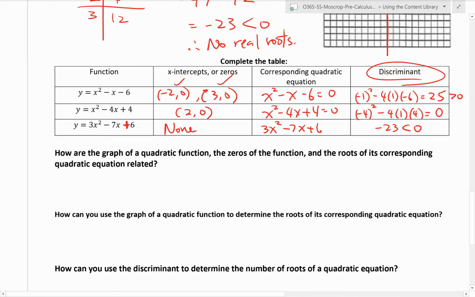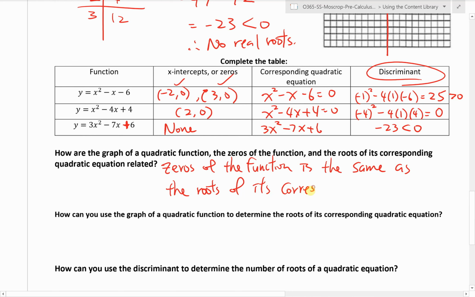So basically I answered these 3 questions already, but you know what, let's just read it over again. How are the graphs of quadratic function, the 0 of the function, and the roots of its corresponding quadratic equation related? Well, they are exactly the same thing, right? The zeros of the function is the same as the roots of its corresponding equation.